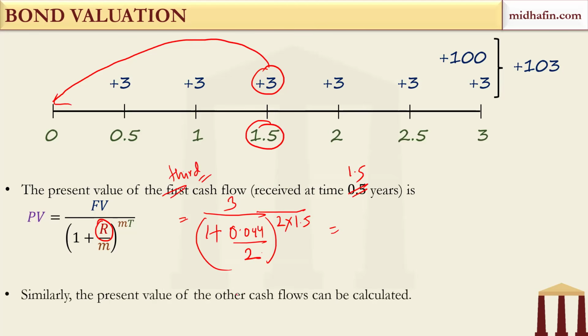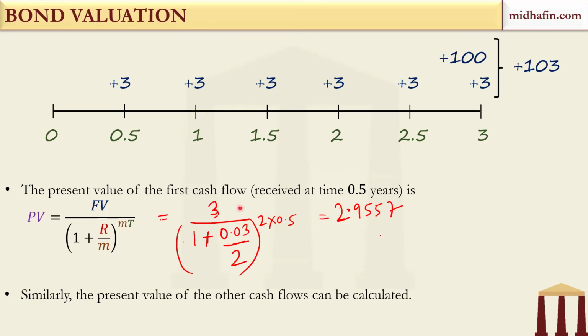So similarly, the present value of all the other cash flows can also be calculated. Once you calculate this present value of all the cash flows, sorry, it was already calculated. This one was calculated for the first cash flow. Okay, 2.9557. This is for the first cash flow.